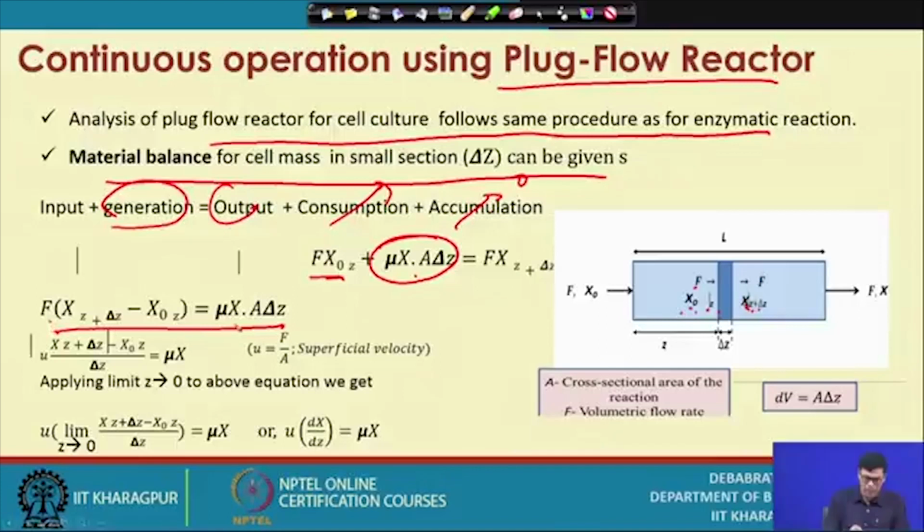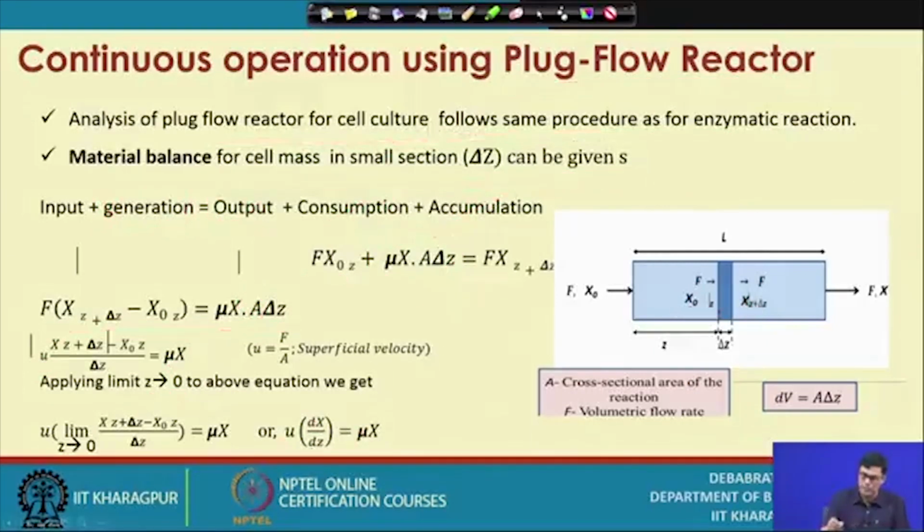F divided by A, the cross sectional area, gives the velocity. Now, as del z tends to 0, we can write u dx by dz equal to mu into x.